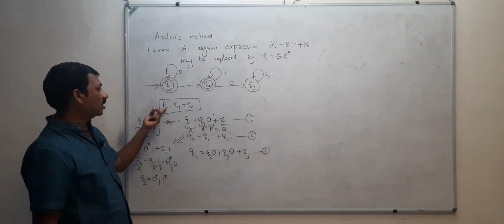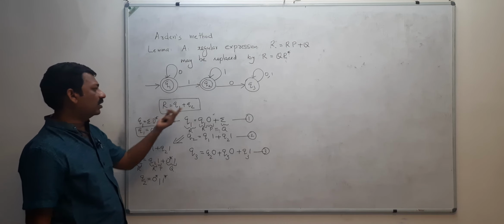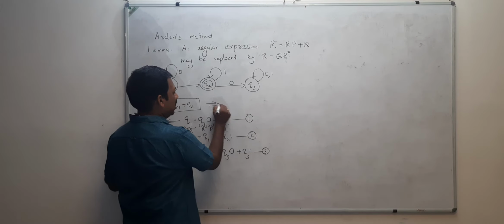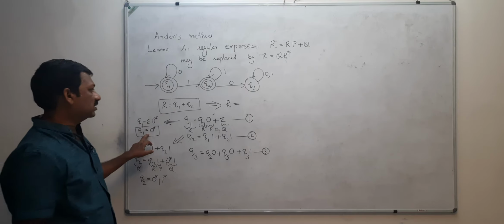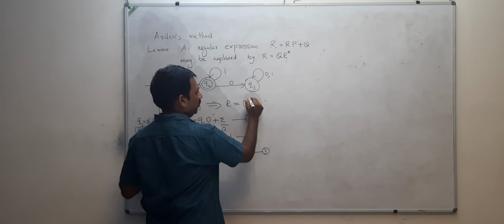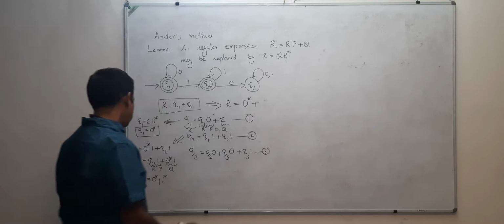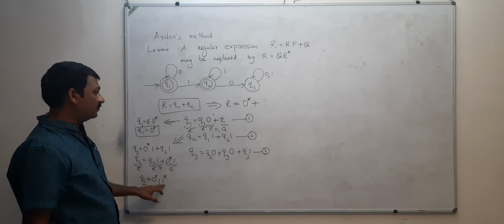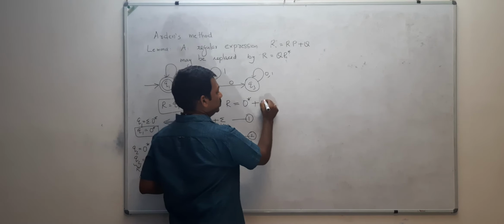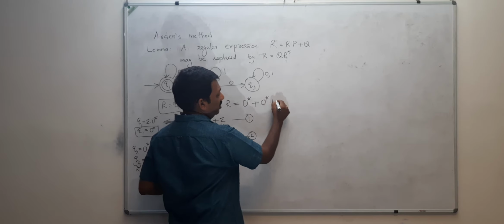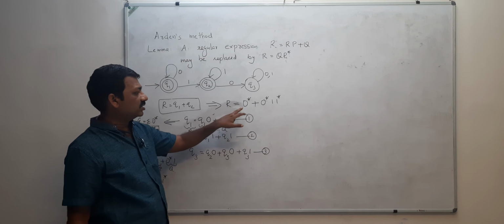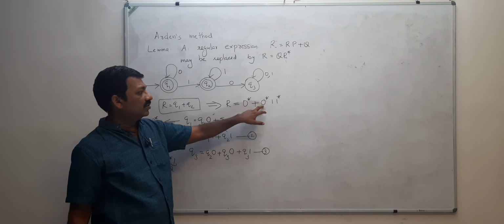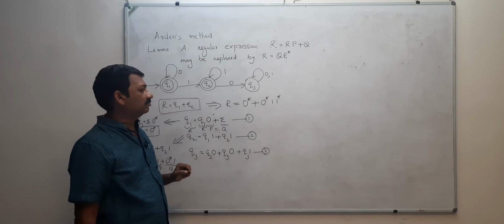Why? Our regular expression R is the sum of Q1 and Q2. That means the regular expression R is equal to Q1, which is 0 star, or 0 star 1 1 star.